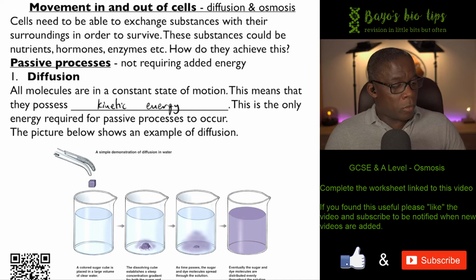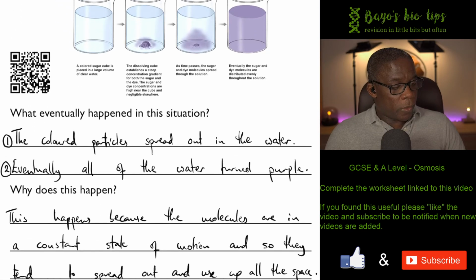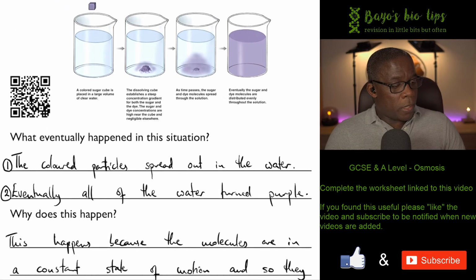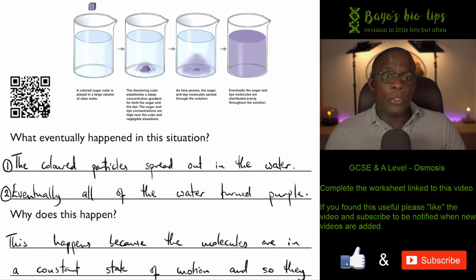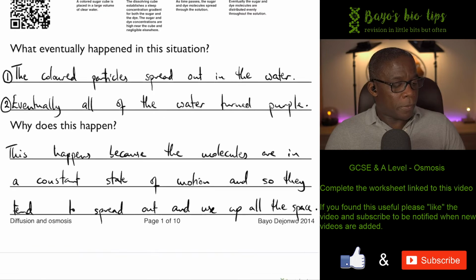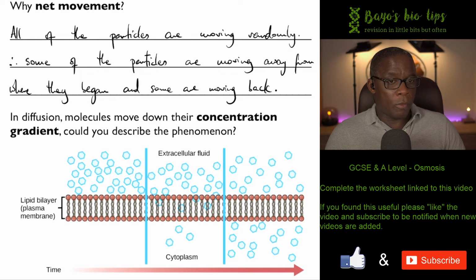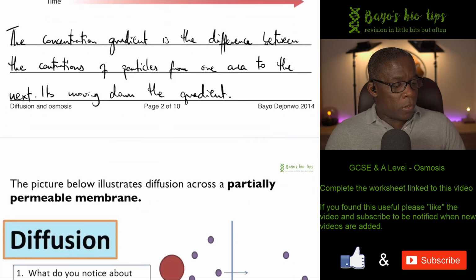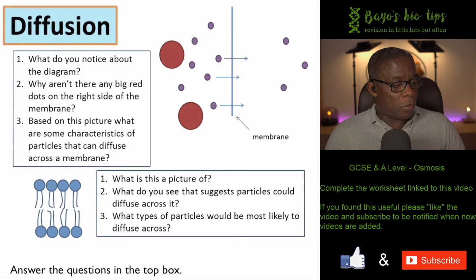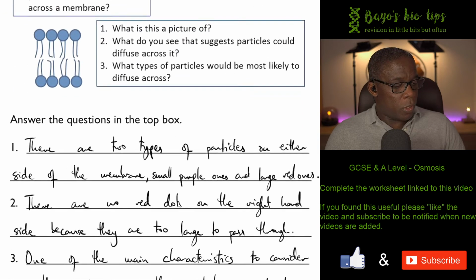And as such, it will happen on its own without any external energy being given to it. And you can see there an example of that, the dyed sugar cube and how it spreads through the water. Then we talked about the definition of diffusion, and then we gave some examples and what actually brings about diffusion.